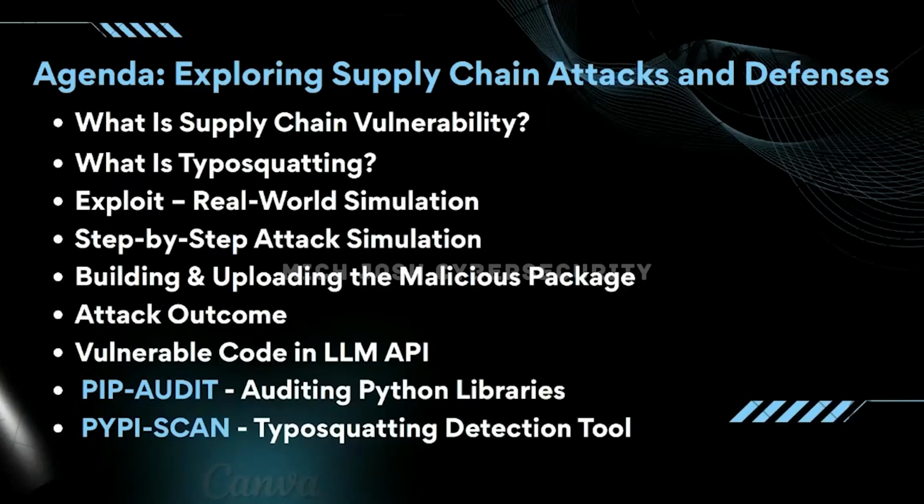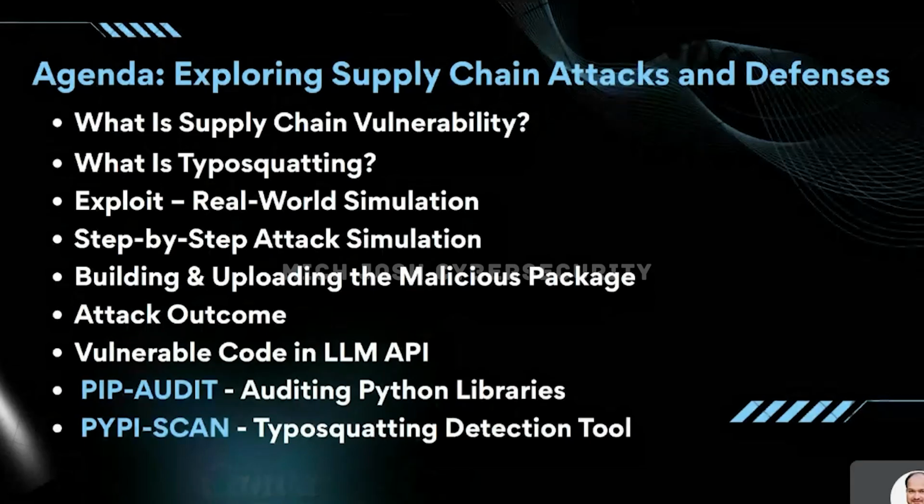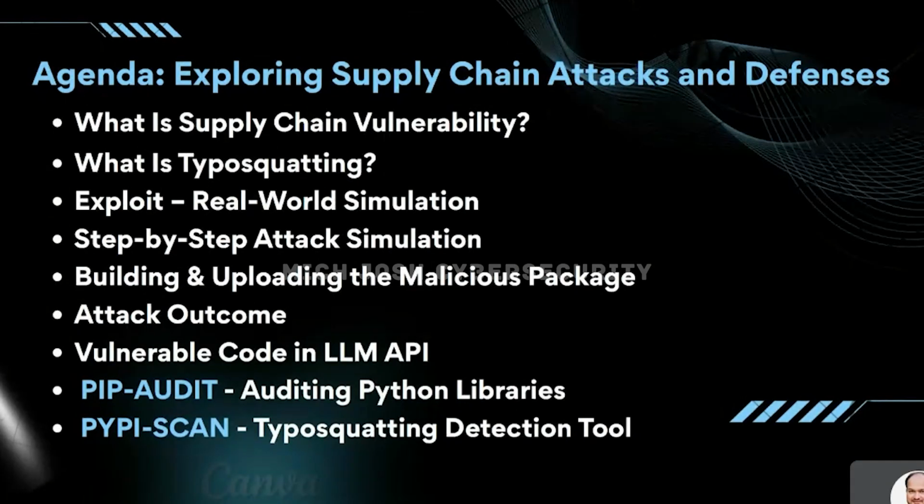So what is supply chain vulnerability? And we are going to talk about what is typosquatting attack. Then exploit real world simulations, step-by-step attack simulations. And then we will see how we are building and uploading the malicious package, and what would be the attack of those typosquatting attacks. Then we will analyze the vulnerable code in the LLM APIs.